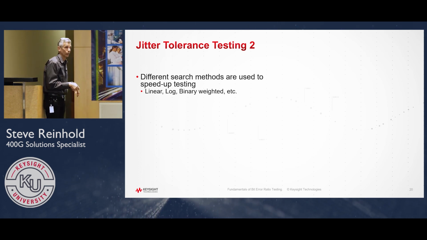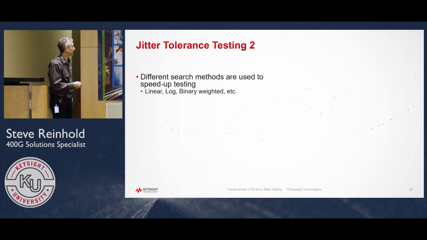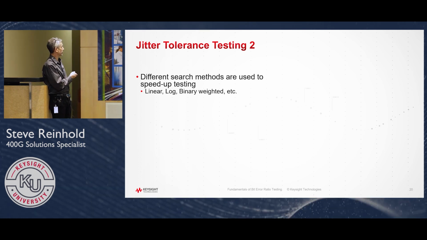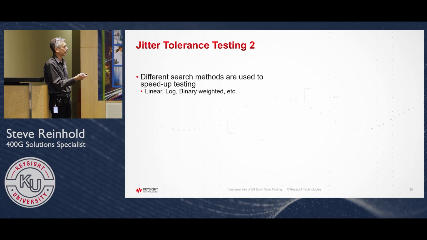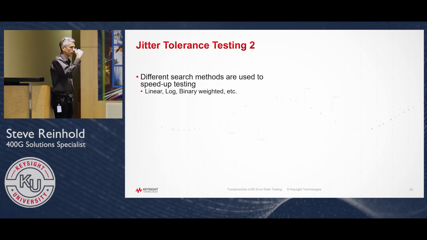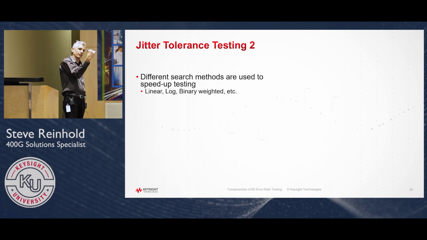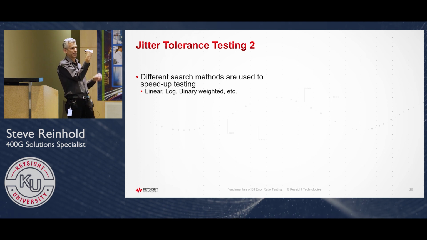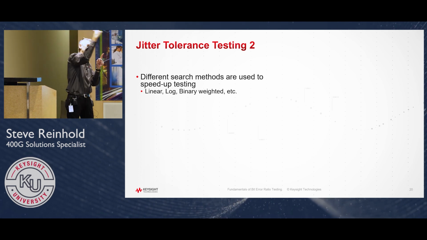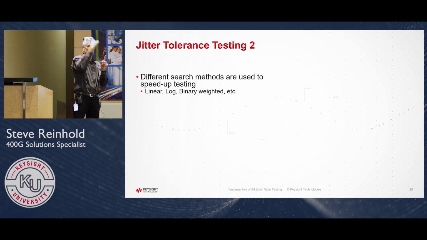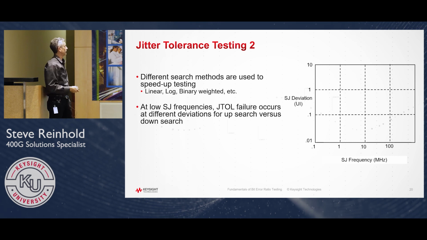And if you have any trouble with that, we have applications engineers that can help you optimize that. There's different kinds of algorithms: linear, log, binary weighted. A binary search would be, put half the instrument's jitter out. Is it making errors? If no, then go to 3/4, and do a binary search that way. That can more quickly converge on the answer.